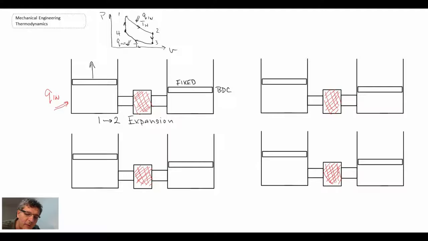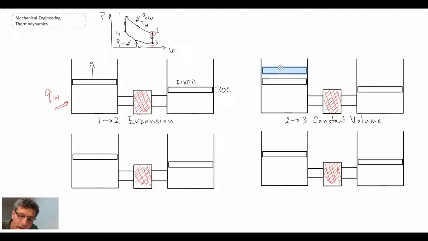The next step that we'll look at in our PV diagram is going from 2 to 3. And that will be the constant volume process that we will show here. So what I'll have to do now is place my pistons within the cylinder so that they're at the correct location. To begin with, the hot should be at top dead center.